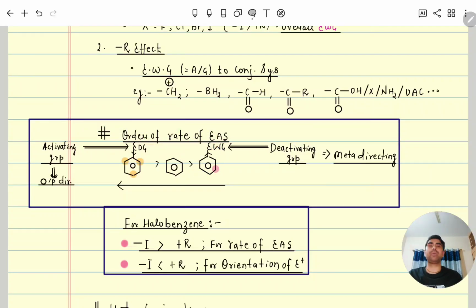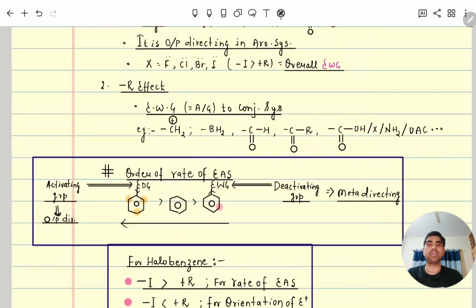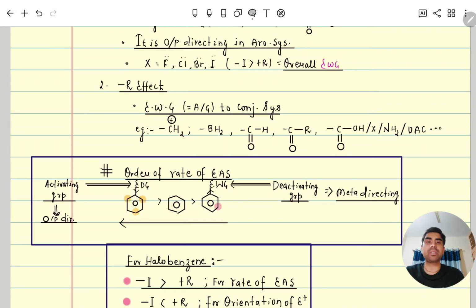One very important point you should understand and remember: if a halogen is connected, overall the halogen will withdraw electrons, but since it has a lone pair, it will give electrons at ortho and para through resonance.